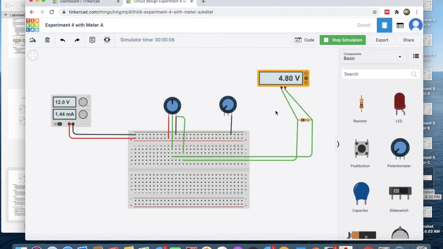Using the buffer, the result significantly changes to 6 volt. That's all from me for experiment 5. Thank you.